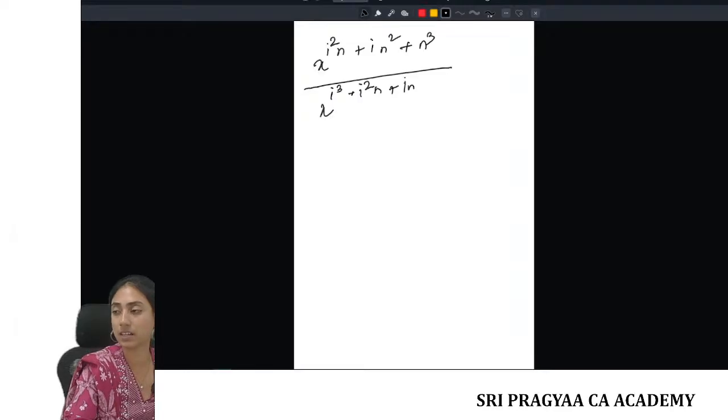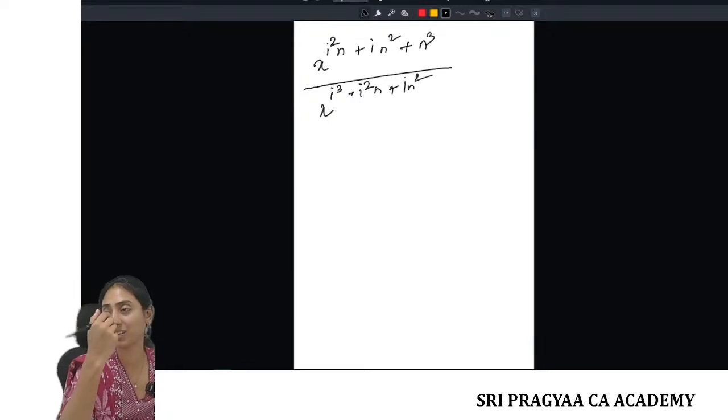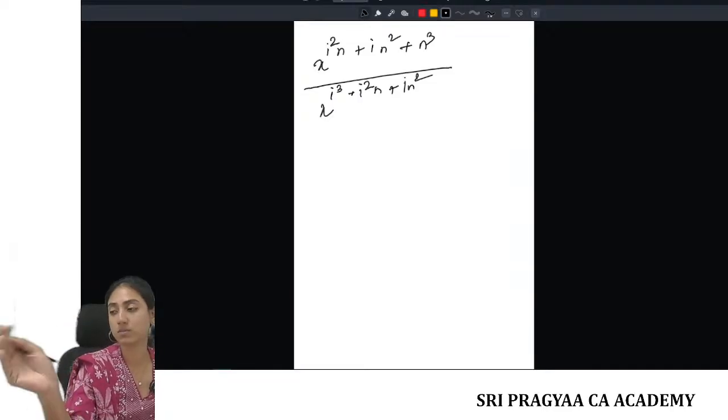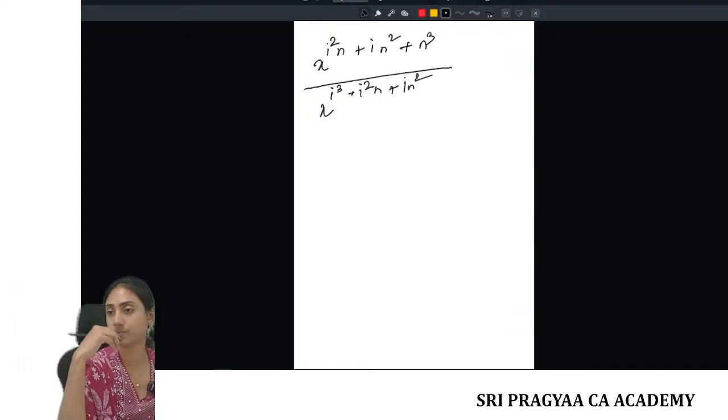I'm only writing I instead of L, nothing else. Writing L confuses me with 1, so I write I. Just changing the variable, but if you're comfortable with L, continue with that. But is this term correct? After this, how will you take it forward?